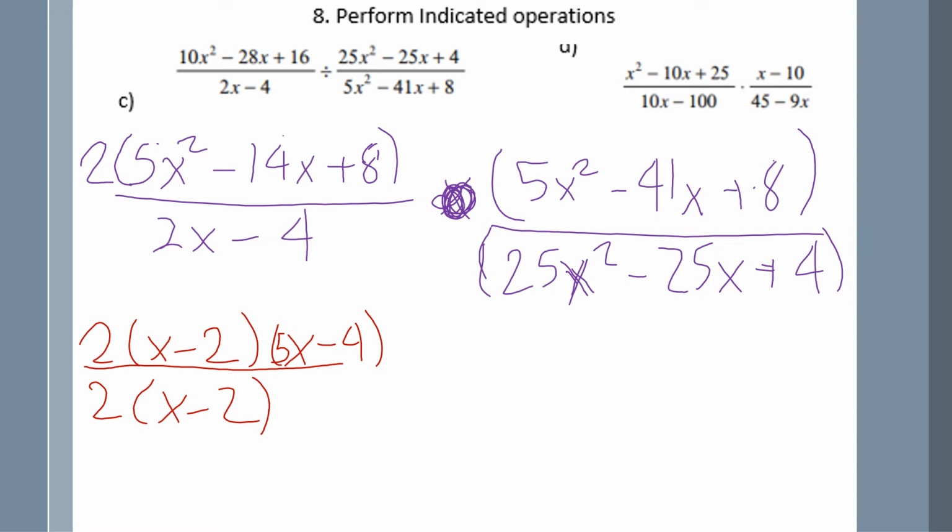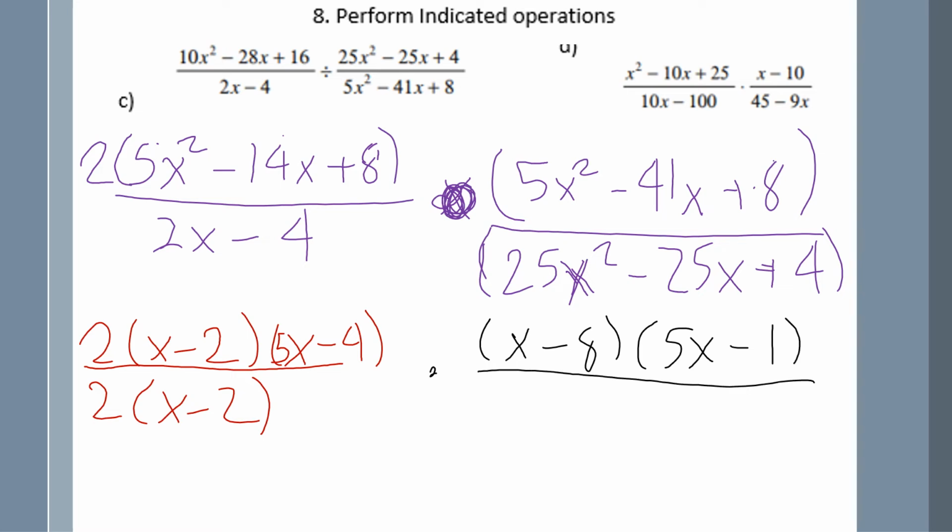Now I can work on the right hand side. So I get x minus 8 and 5x minus 1. That's in my numerator.